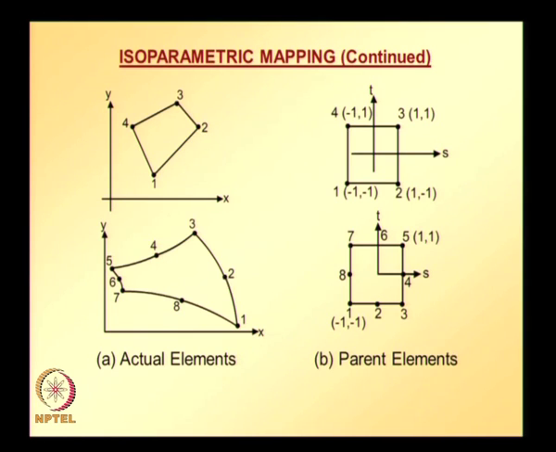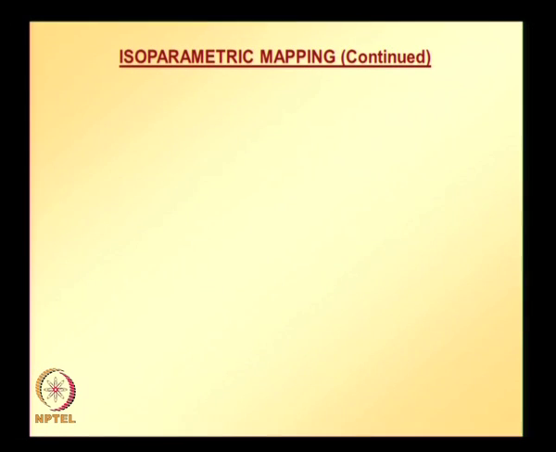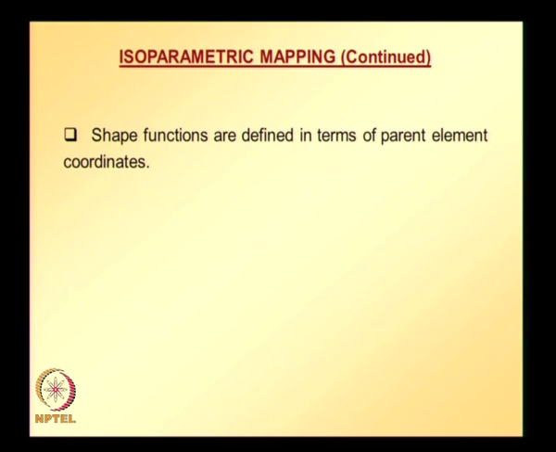So, in isoparametric mapping, if you recall what we did for one dimensional problems, shape functions are defined in terms of parent element coordinates. So, same thing we will be doing here also for two dimensional problems. Shape functions are defined in terms of parent element coordinates.